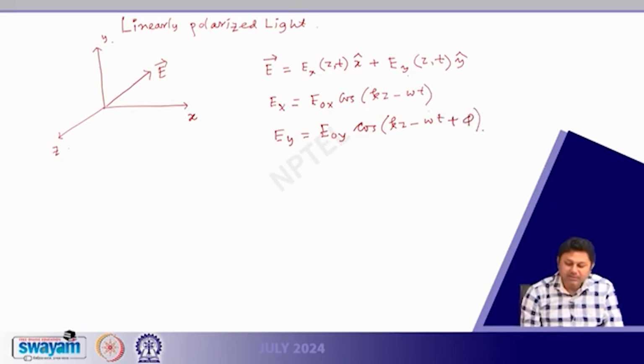That is very important, because the x component of the E and the y component of the E may not travel with the same phase. There may be a phase lag, and depending on the phase lag, it depends whether they will form a linear or circular polarization.